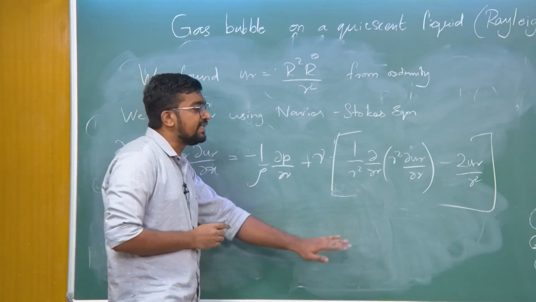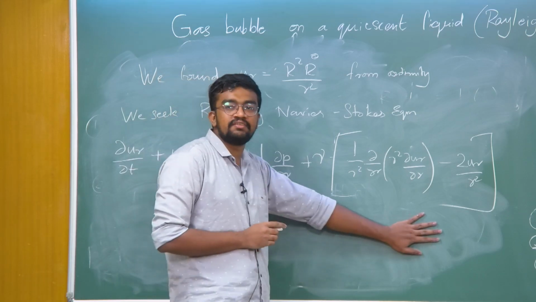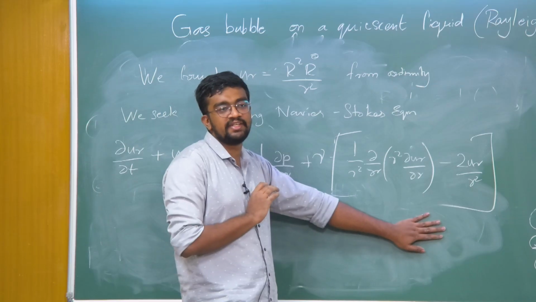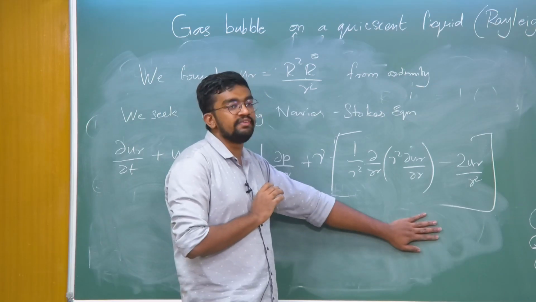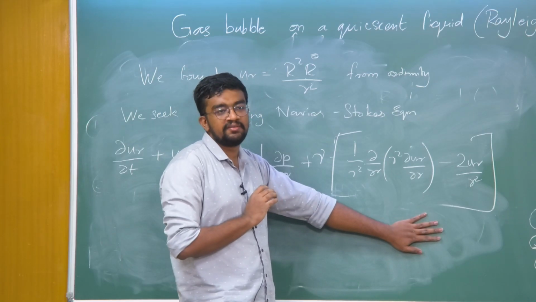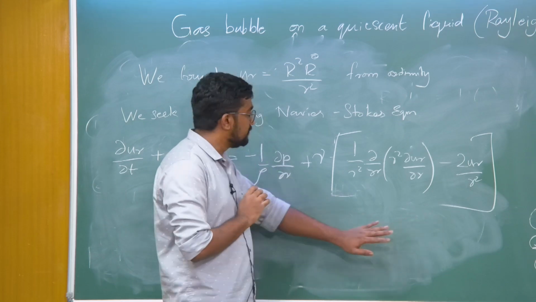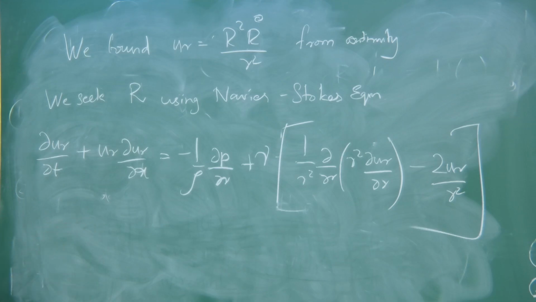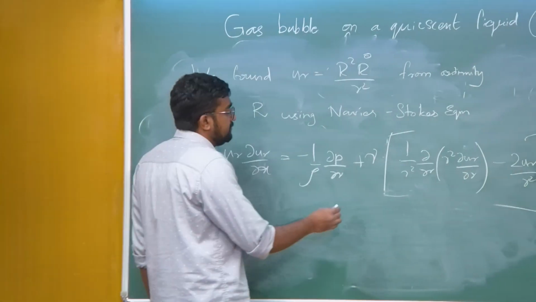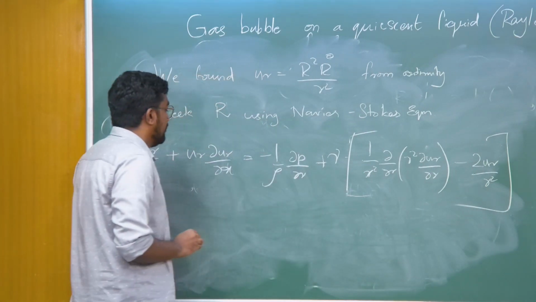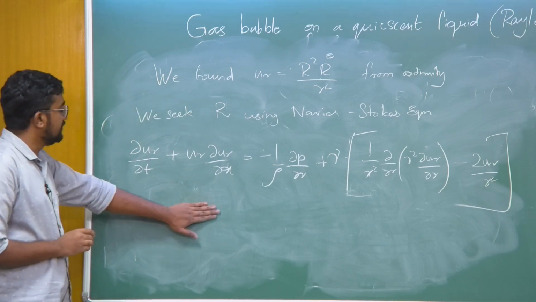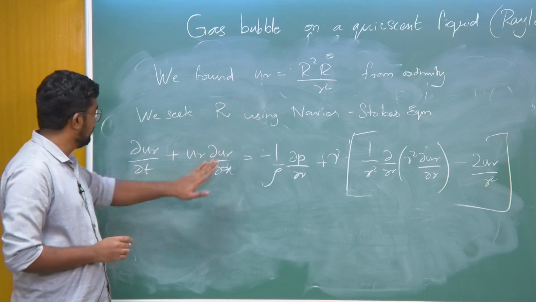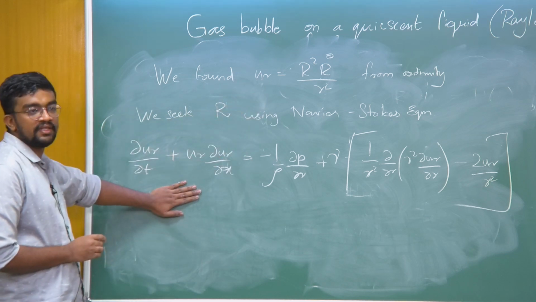The theta and phi components of Navier-Stokes are trivial, they just go away because u theta and u phi are 0 and there is no variation with respect to theta and phi. So, essentially this is your Navier-Stokes equation. What we will do is substitute the UR expression in the Navier-Stokes equation and then solve.